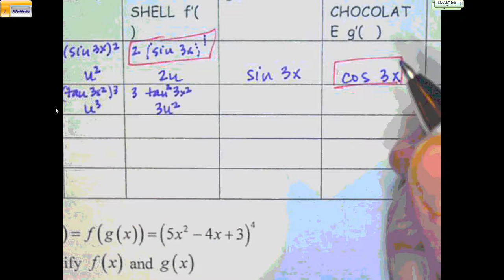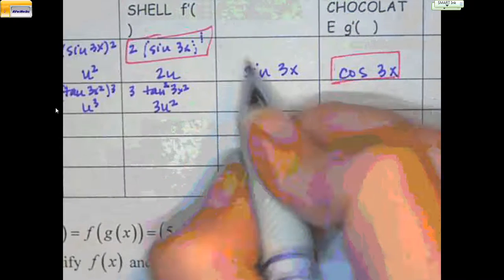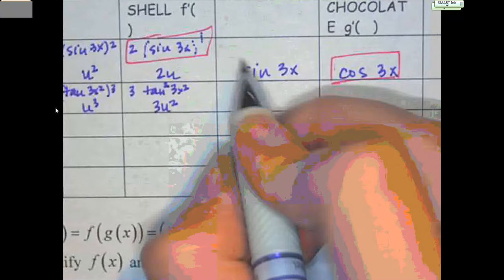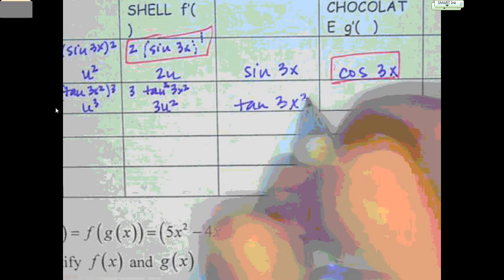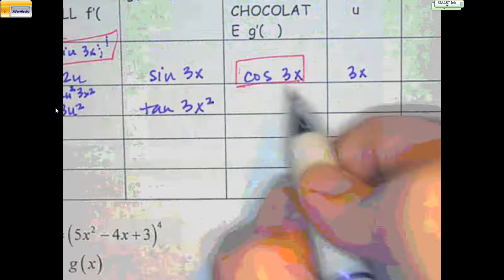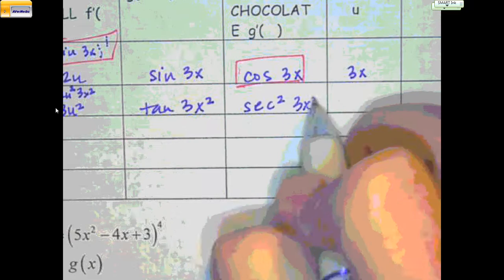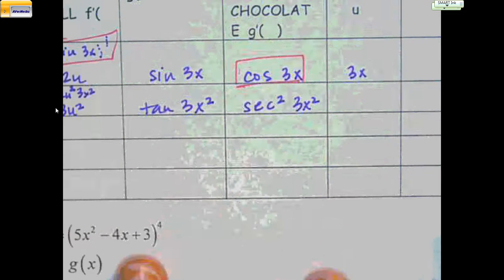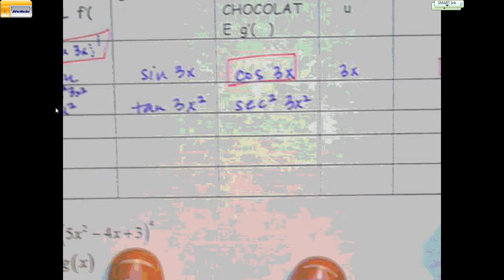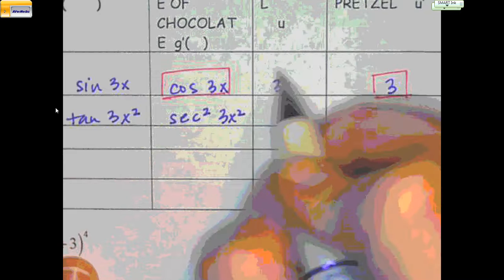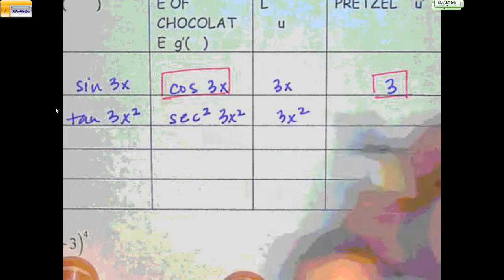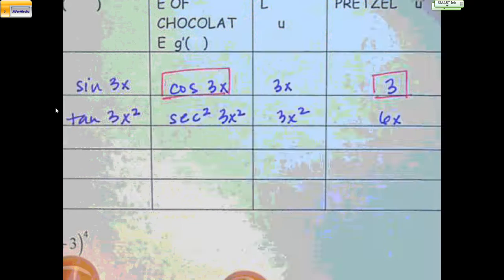The middle layer. Tangent of 3x squared. Very good. And what's our derivative of tangent? She's correct. Secant squared of 3x squared. And what is our pretzel level function? 3x squared. Our derivative, of course, is 6x.